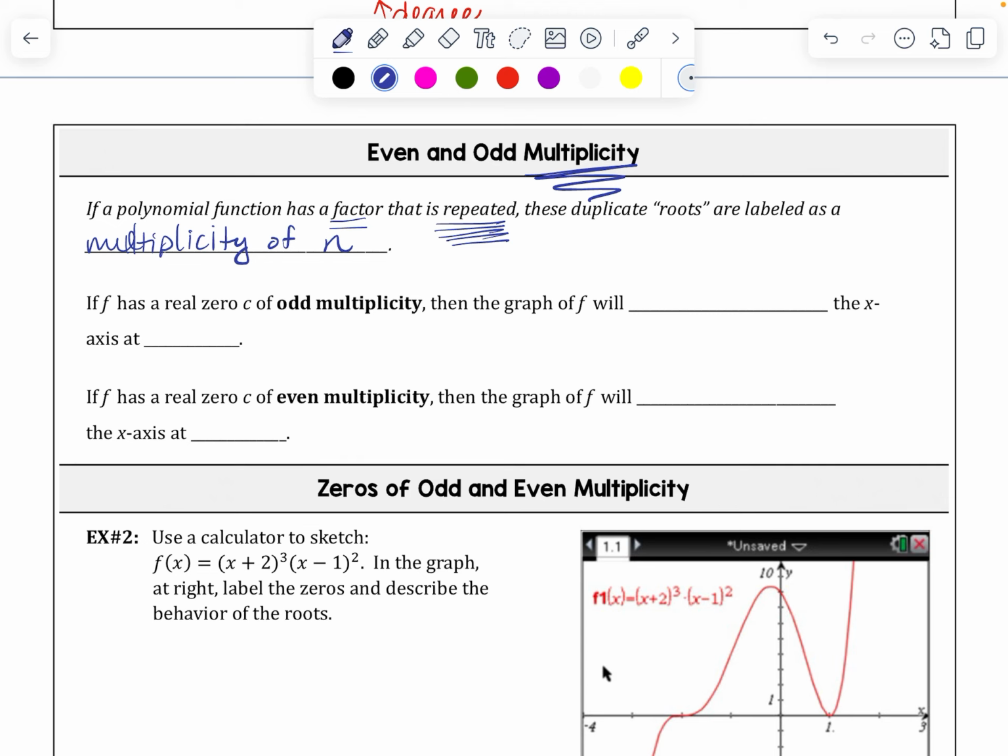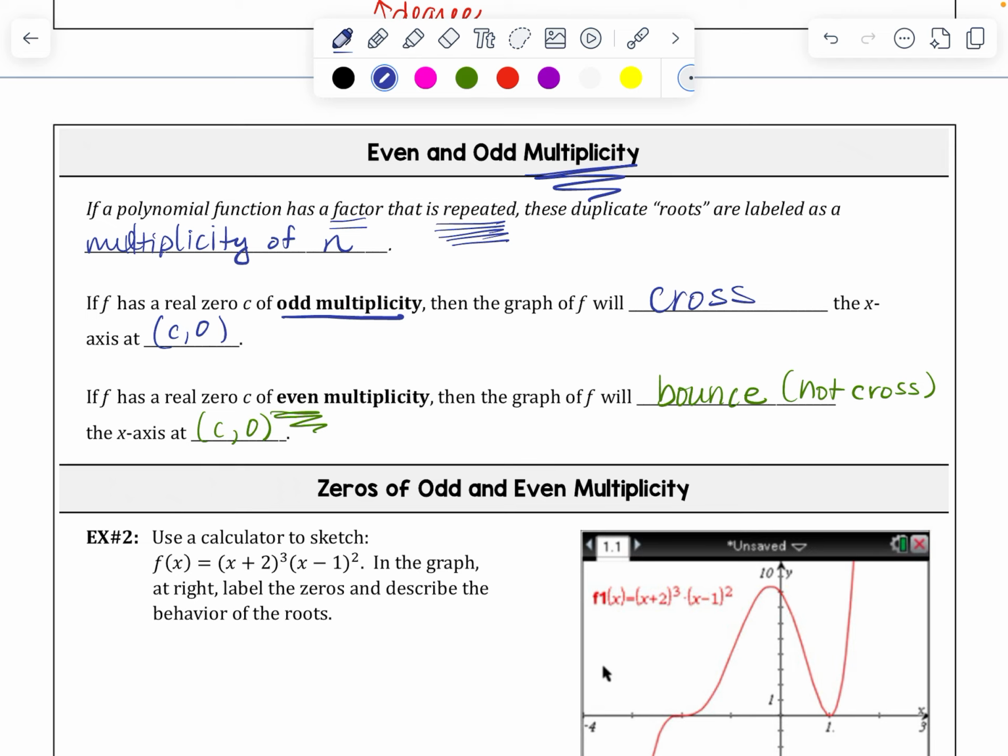If a real zero has odd multiplicity, then the graph will cross the x-axis at the zero. We'll call it c comma 0. And if the real zero has an even multiplicity, the graph will, what I like to say is bounce. Or we can say touch. Basically, it does not cross the x-axis at the zero value.